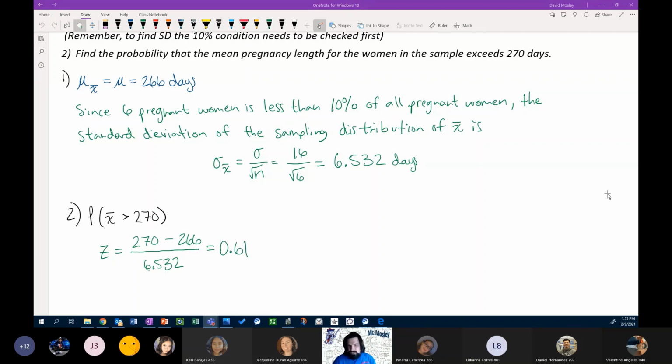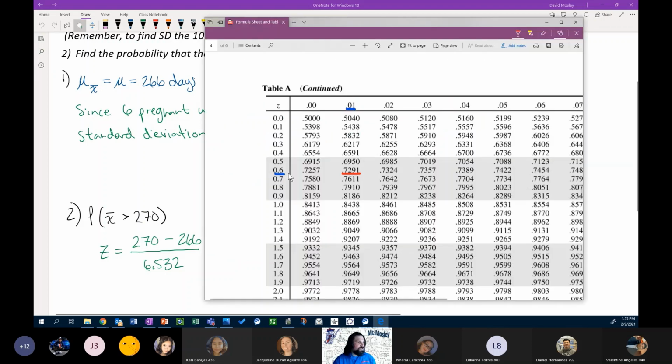We then go to table A, because table A is our friend. Right? We find 0.6 in the left-hand column and 0.01 across the top. That meets here at 0.7291. Right?